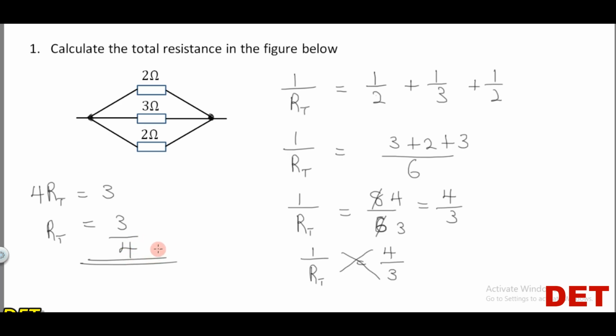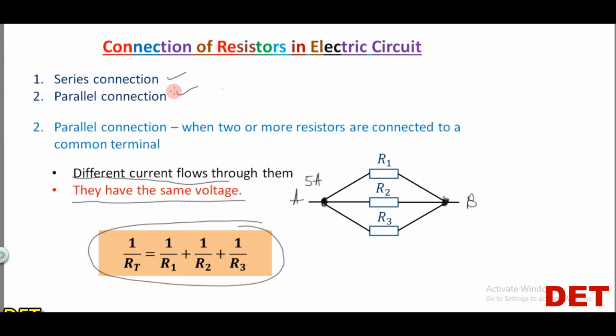It's very important that you know that in calculating total resistance for a parallel connection, 1 over R_T is equal to 1 over R1 plus 1 over R2 plus 1 over R3. Again, parallel connection is when two or more resistors are connected to a common terminal, and different current flows through them, but they have the same voltage.